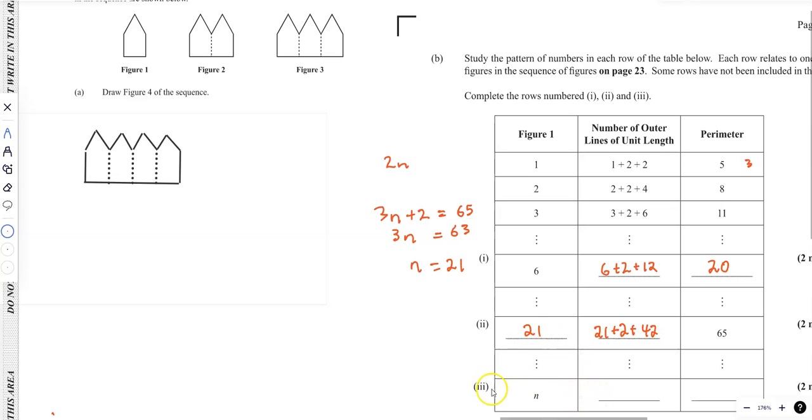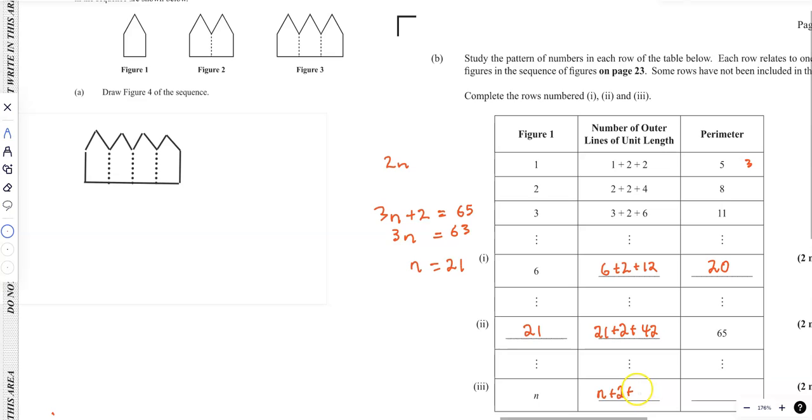Now, the next bit, which is part 3, they want you to write the nth term formula for this. So, for the base, you can see that's n. So you're going to write n plus the constant 2 plus this sequence is a 2 times table, which is 2n.